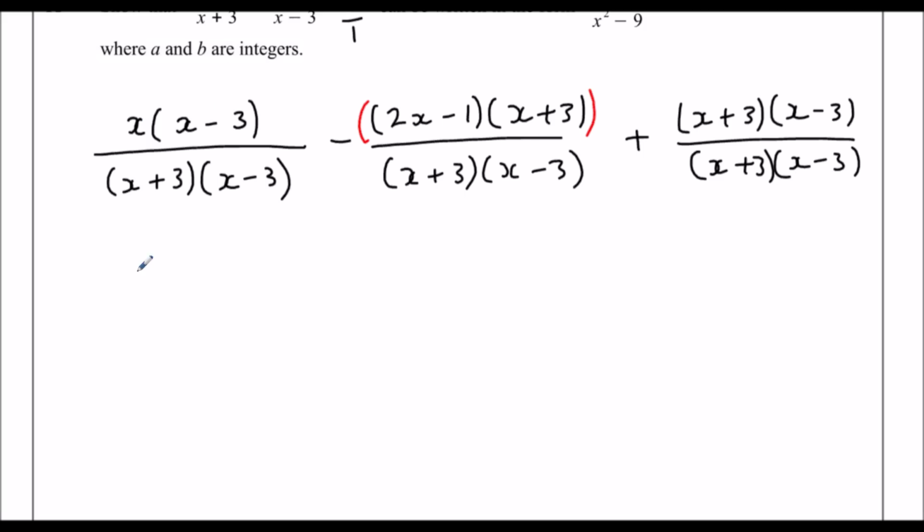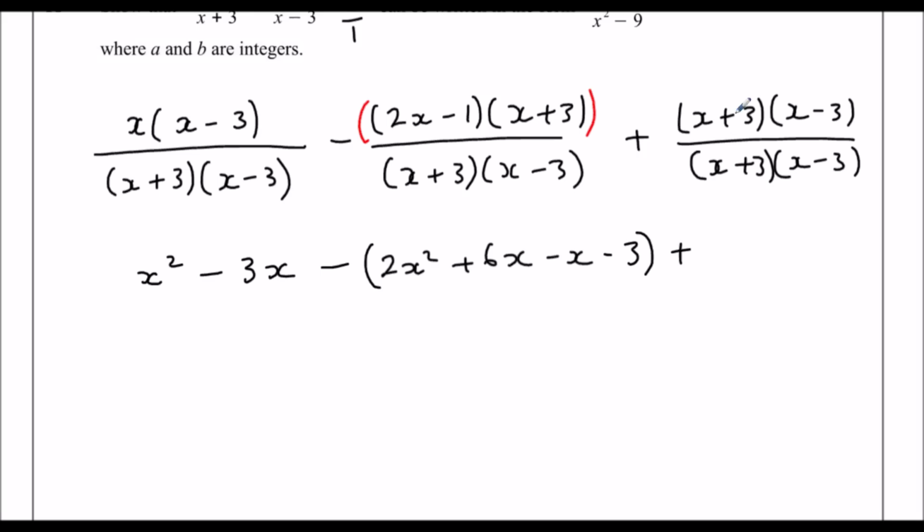So x times x is x squared. x times negative 3, negative 3x. And then I'm going to put this extra bracket in. 2x times x, 2x squared. 2x times 3, 6x. Negative 1 times x, minus x. Negative 1 times 3 is negative 3.